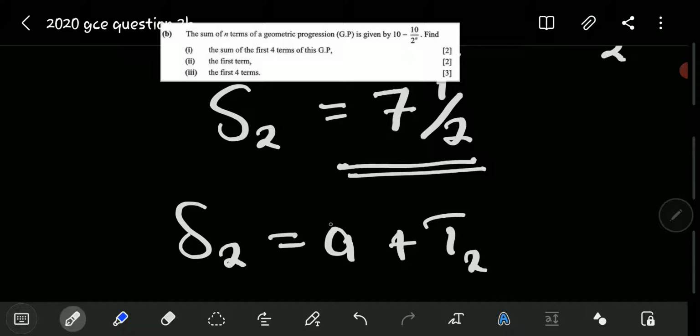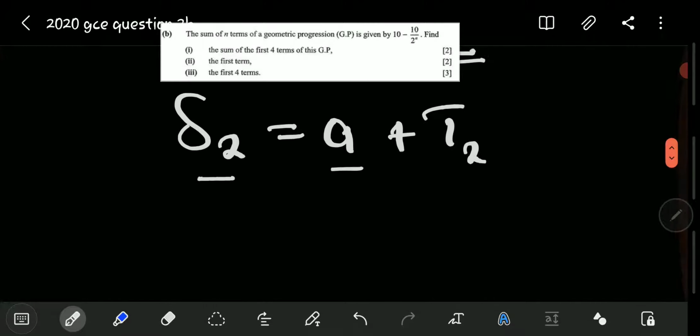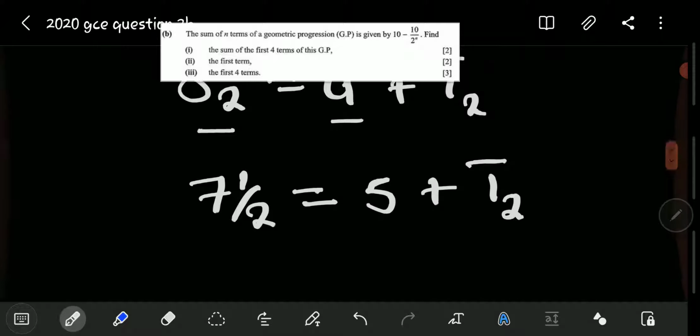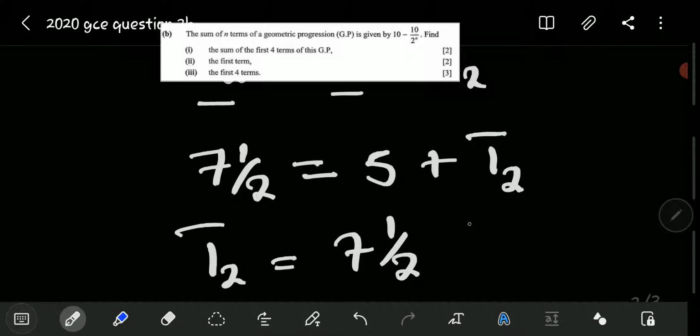But we have the first term and we have the sum. So we can say 7 1 over 2 is equal to 5 plus the second term. So the second term therefore becomes 7 1 over 2 minus 5.